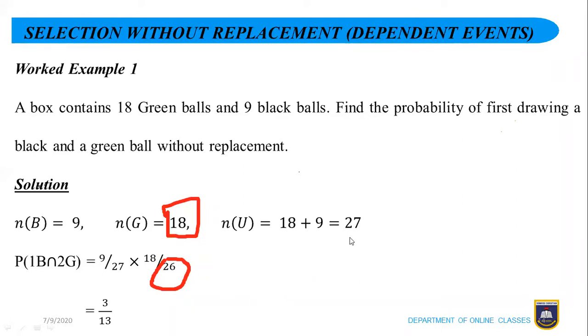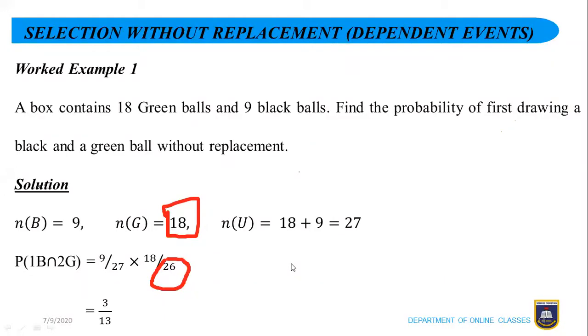So you and I will agree that the total number of balls will be 18 plus 9. That is equal to 27. Danso Peace, do you agree? Yes, sir. Good. Now, if you have 27 balls, what will be the probability of picking a black ball? Sir, please, 9 over 27. Good. That is excellent.